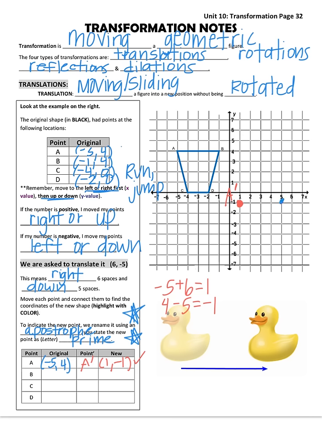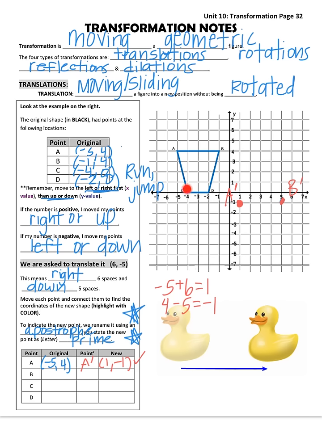So A prime and B prime are 1, 2, 3, 4 units apart. A and B are 1, 2, 3, 4 units apart. So we got it right.